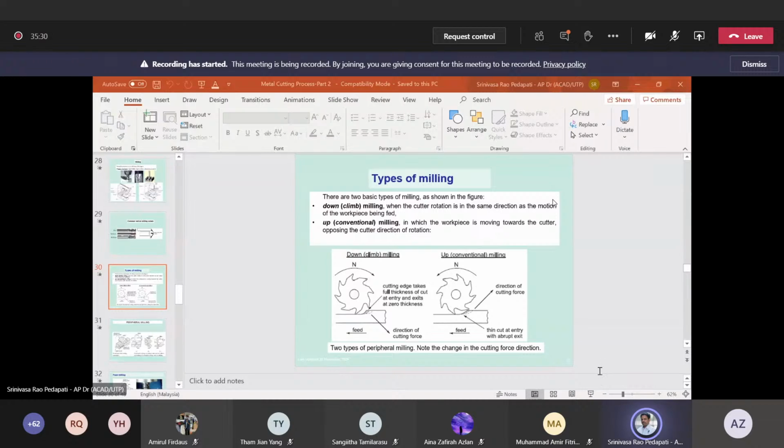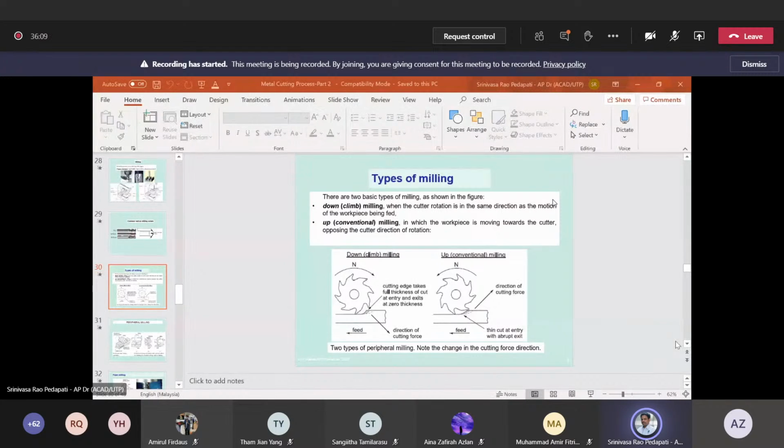Farasha, which is better, having high load initially and then going slowly down, or having low force at the beginning and gradually increasing to maximum load at the end? In up milling you see gradual increase. In down milling or climb milling, it hits and then reduces. So you think up milling is better because the load is increasing gradually. Is it right?